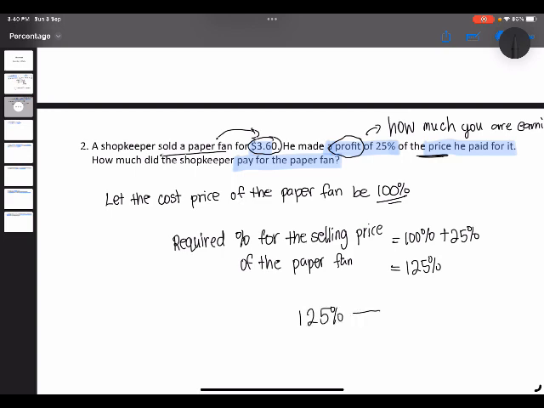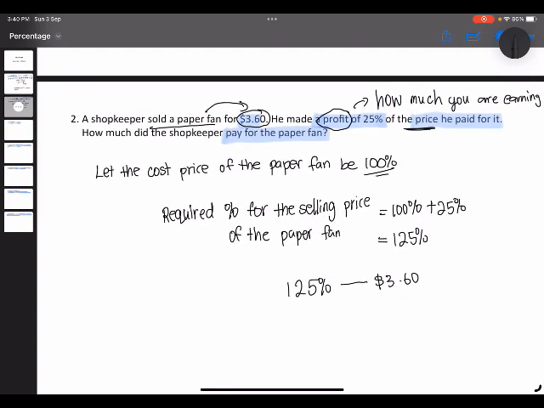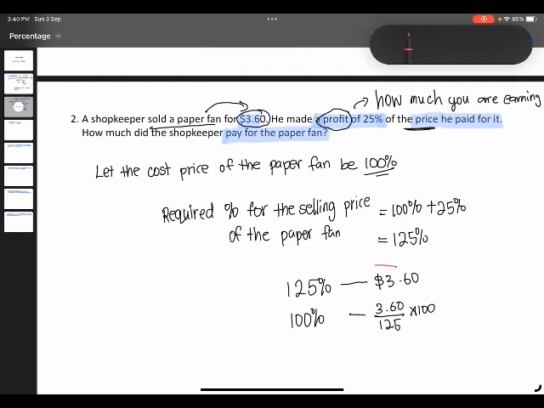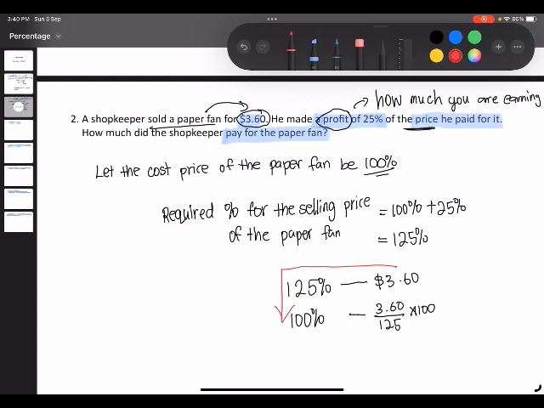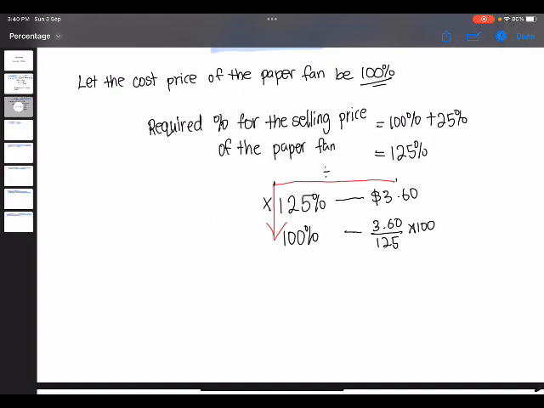So 125% is equivalent to $3.60. And 100% is equal to 360 over 125 into 100. In case you do not understand, this line represents the divide, and when it goes down, it represents the times, which gives a value of $2.88.